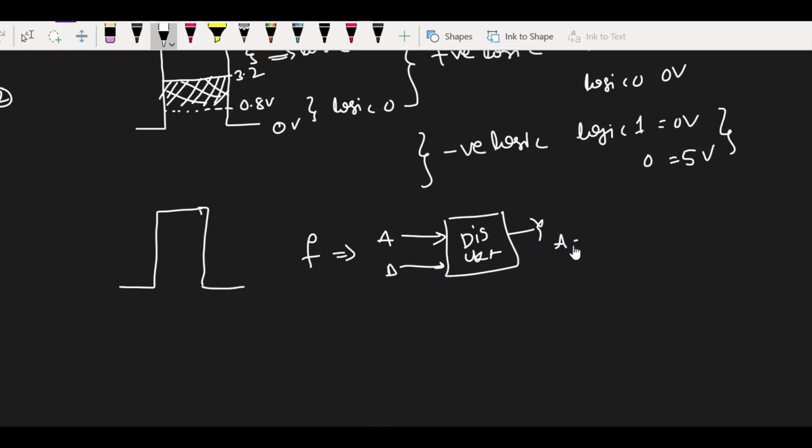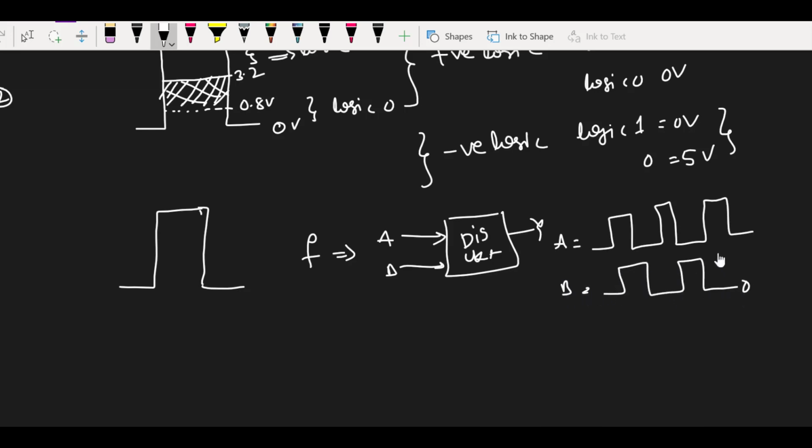Your A will be in the form of a waveform, please remember, and your B will again be a waveform having values of 0 and 5 volts. When these two inputs are given to this system, at one instant of time, say t equals t, it takes the values 1 and 1. At another point it takes 0 and 1, and depending on these values your digital circuit will respond and produce an output here. So when you write the truth table, you will write A, B and output Y.